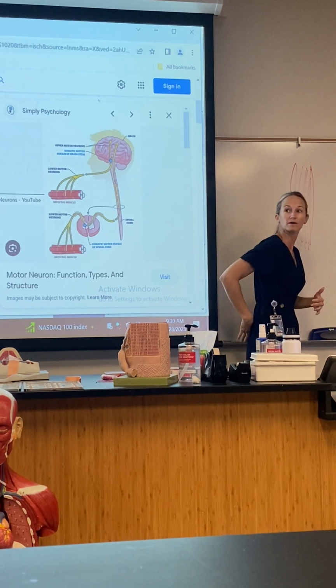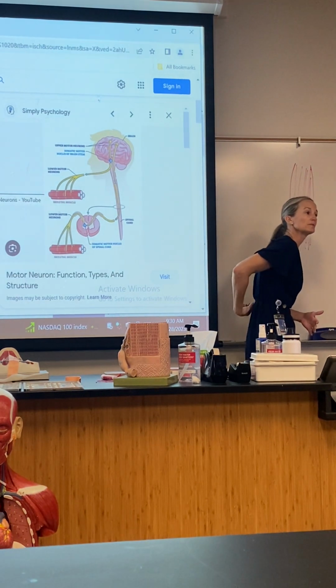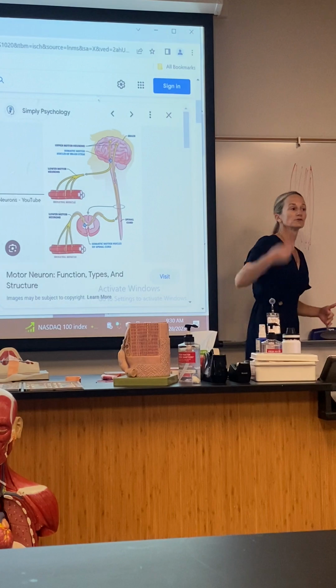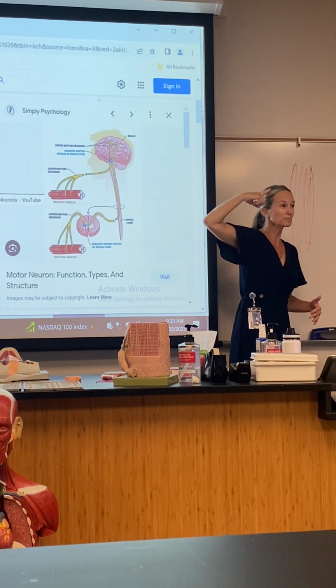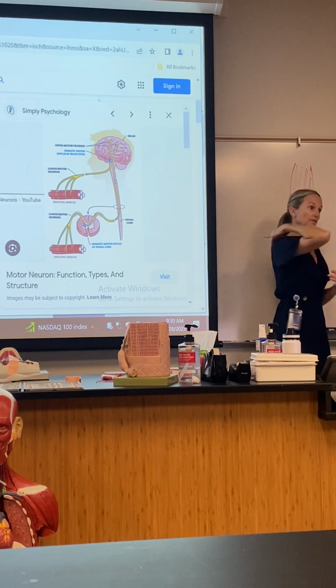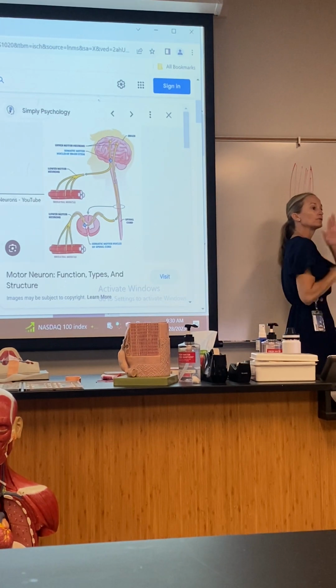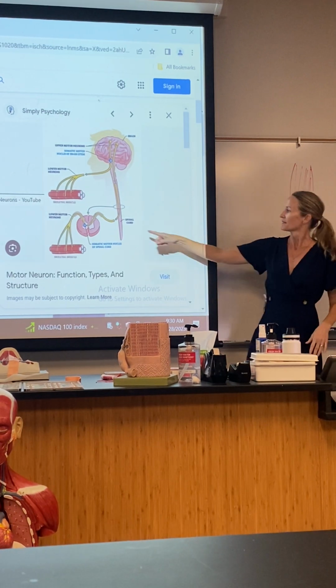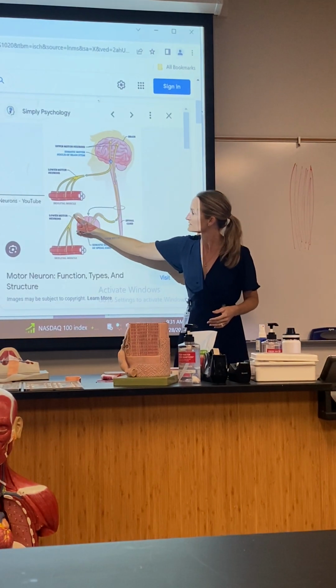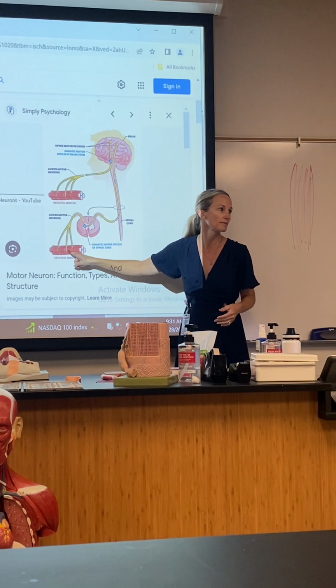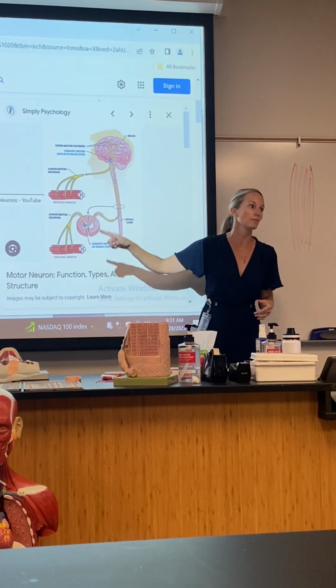If I'm moving my leg muscles, then those motor neurons are going to be down here in the lower regions. So the motor signal comes from the brain neuron to that motor neuron, relays there. The motor neuron in the spinal cord then sends a signal through its axon out to the myofiber. That's what we drew on the board.